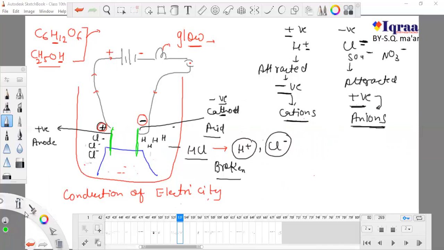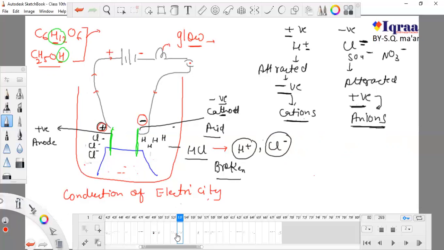But even though they have H, they will not break down into their corresponding H plus. That's why we can say that it is not important whether a substance contains hydrogen or not. It is important that they release their hydrogen ion.